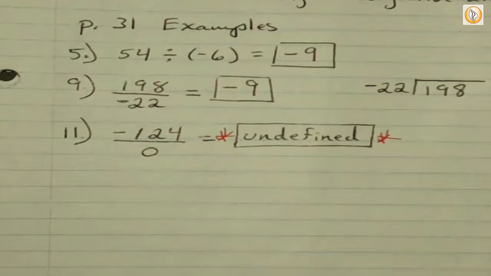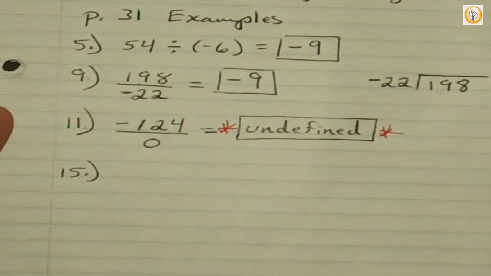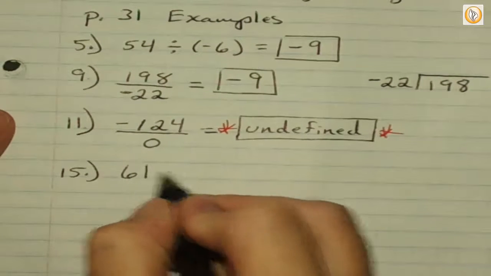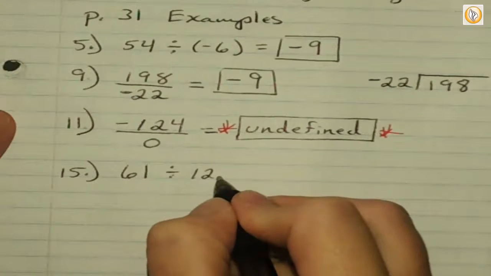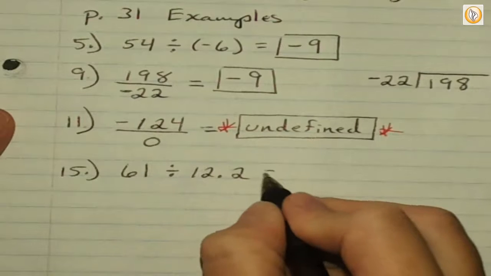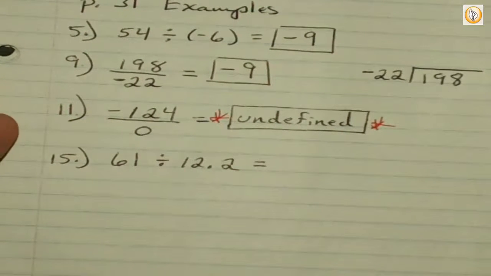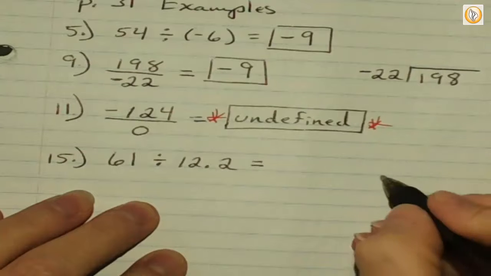All right. Number 15. That's going to be for you, Gabby. 61 divided by 12.2. All right, Gabby can start working it, but the rest of you, if you have forgotten how to divide by decimals, here's my house.